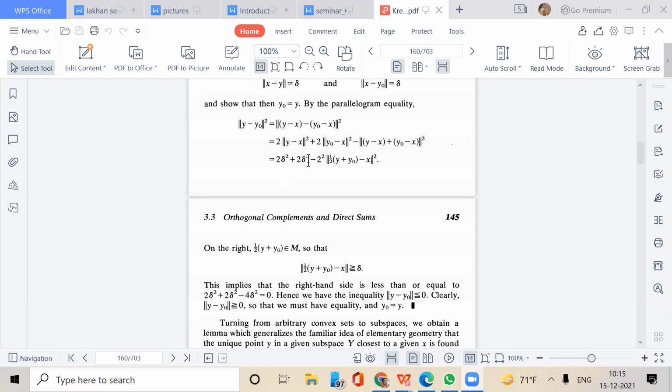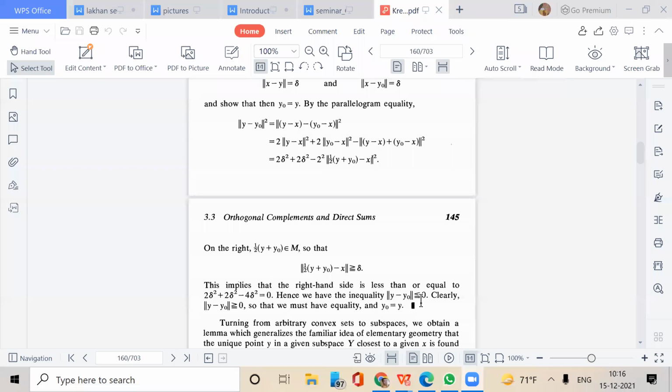2 into delta square plus 2 into delta square becomes 4 into delta square, minus 2 square into delta square means 4 into delta square, and this cancels. This implies that the right hand side is less than or equal to 0.